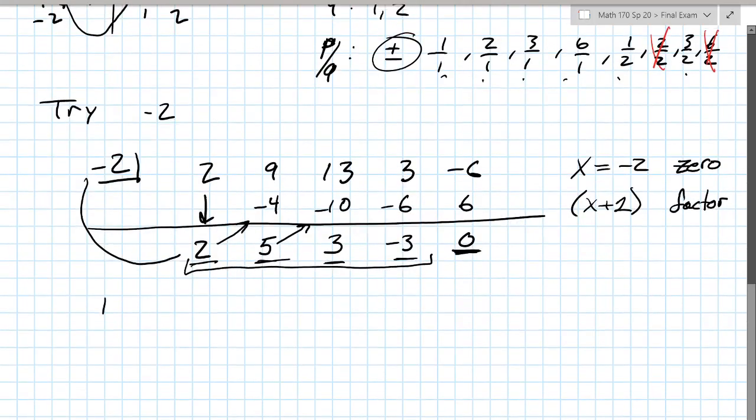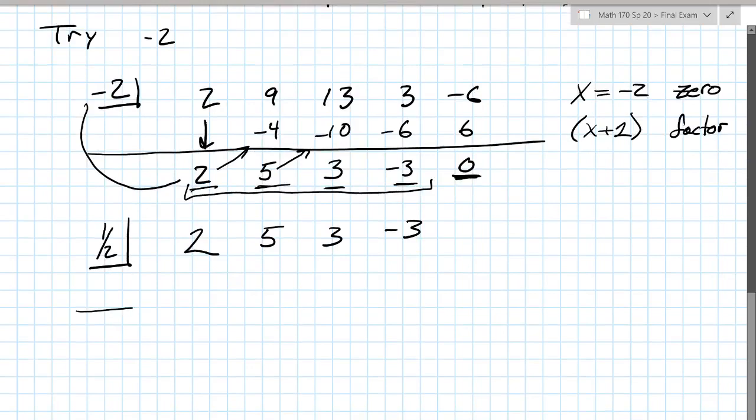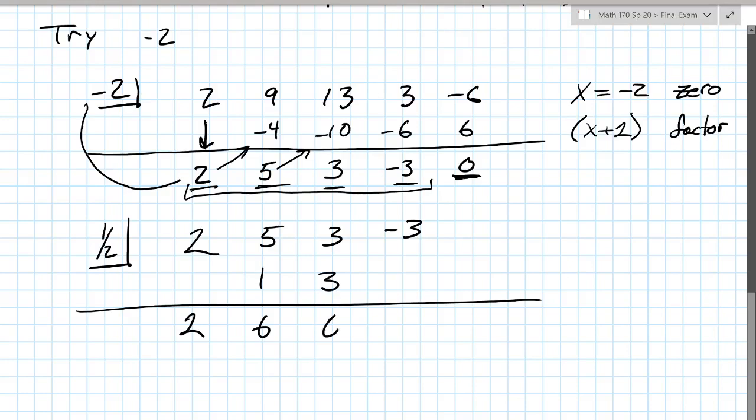So we're going to go positive 1/2, carry down the 2, 5, 3, and negative 3, and do this again. 2 carries down. Times 1/2 is 1, plus 5, 6. Times 1/2 is 3. 3 plus 3 is 6. Times 1/2 is 3.